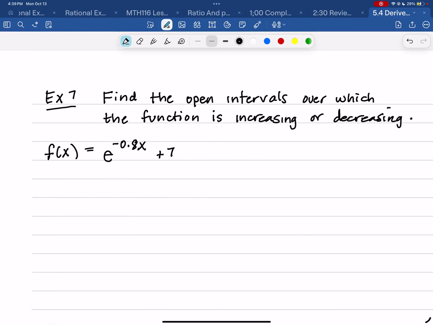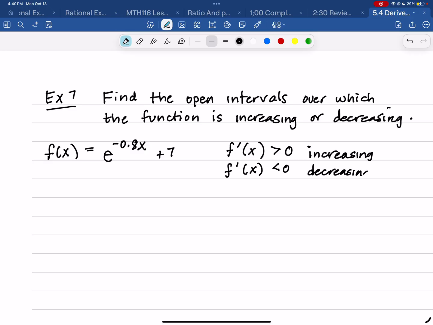Example 7. Find the open intervals over which the function is increasing or decreasing. Now remember that a function is increasing when the first derivative is positive. So that's when it's increasing. And when the first derivative at x is less than 0, then the function is decreasing.